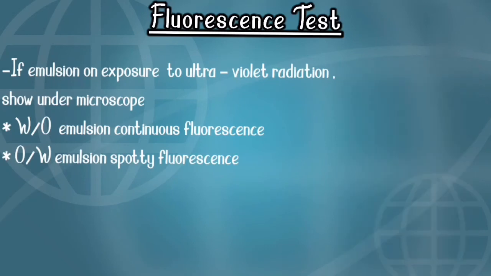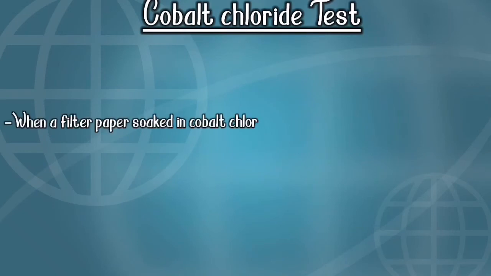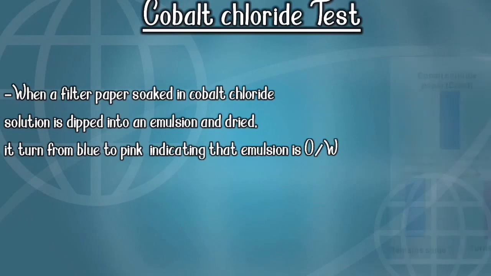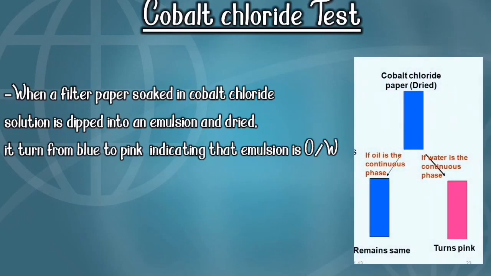This is about the fluorescent test, and the next test is the cobalt chloride test. In this test, filter paper soaked in a cobalt chloride solution is dipped into an emulsion and dried. If it turns from blue to pink, that indicates that the emulsion is O/W type. We see this cobalt chloride test in the given image.